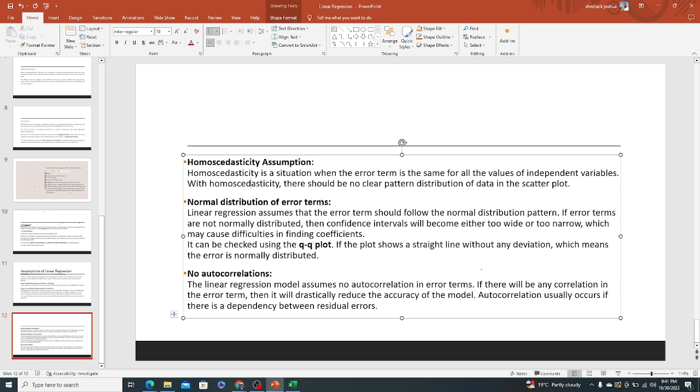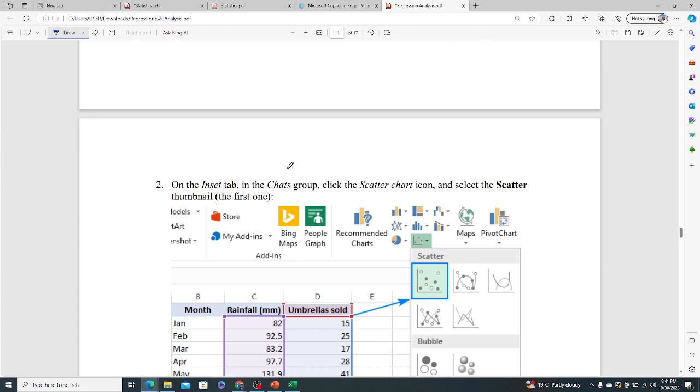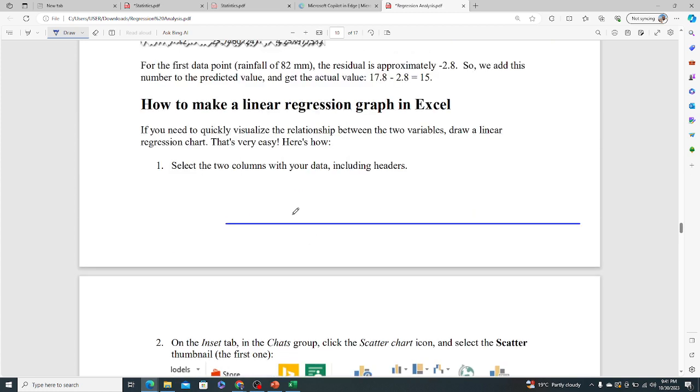Then we have the normal distribution of the error term. The error terms should follow a normal distribution, or those values should assume a normal distribution. Remember how a normal distribution looks like. It looks like this.